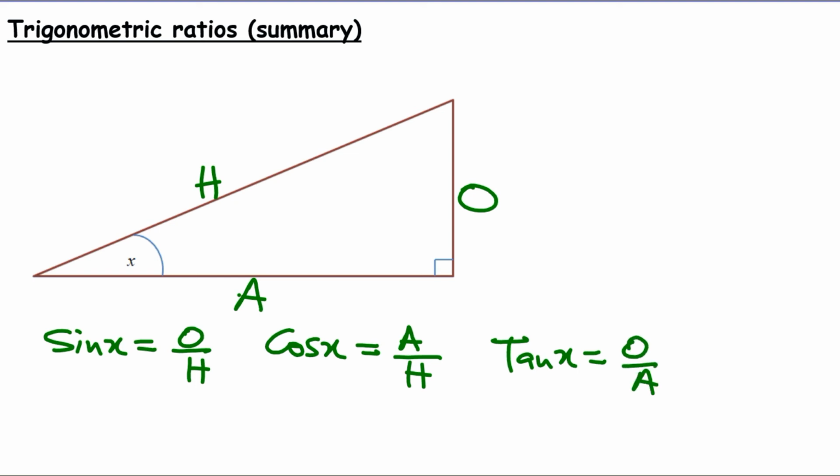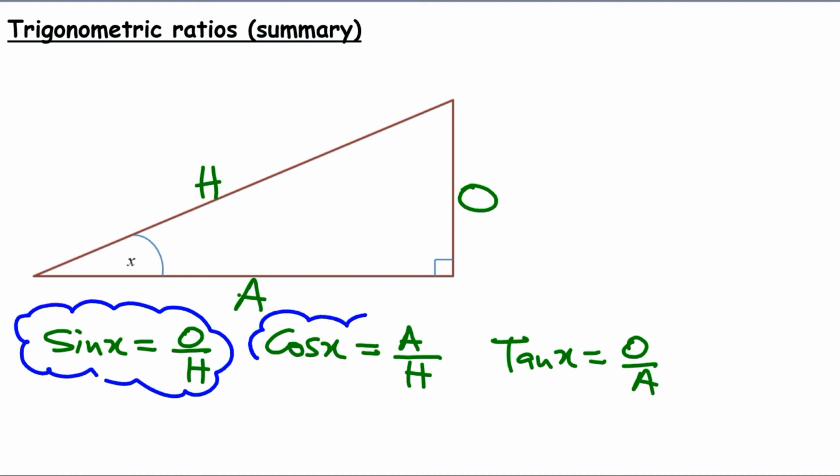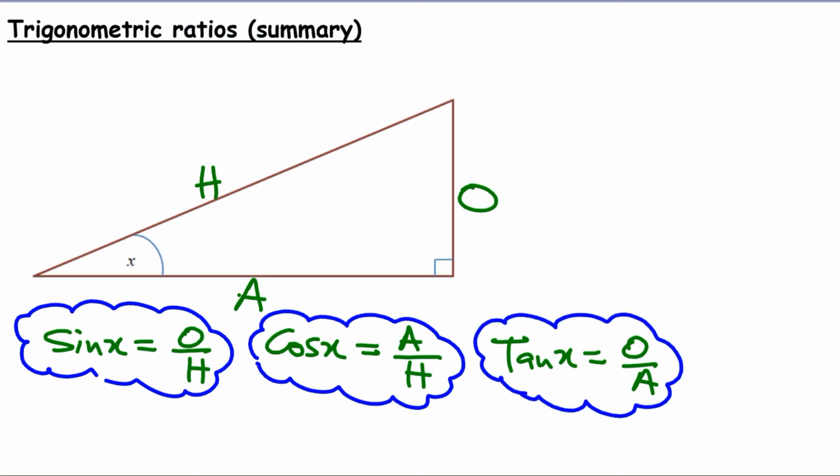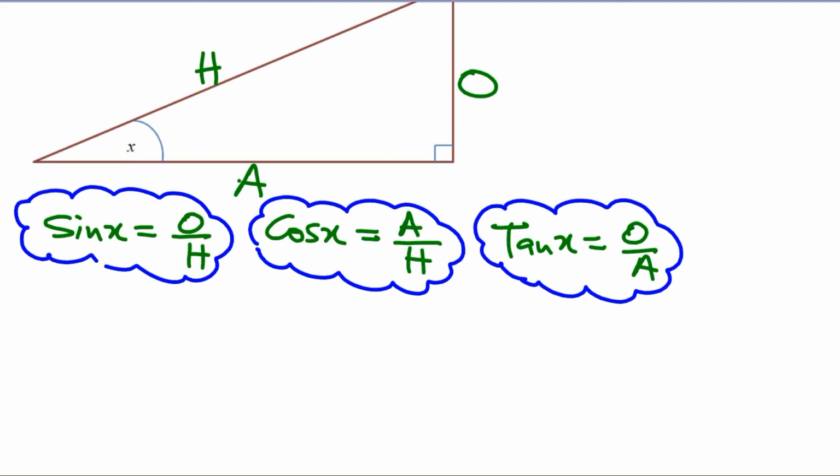Now, these are very, very important. In fact, we can come up with a way to memorize these trigonometric ratios, and that is using a helpful mnemonic, SOHCAHTOA.